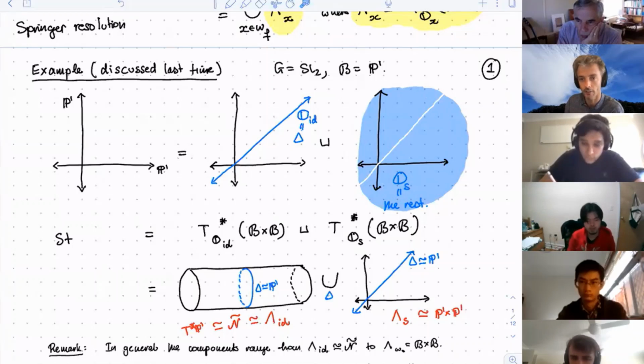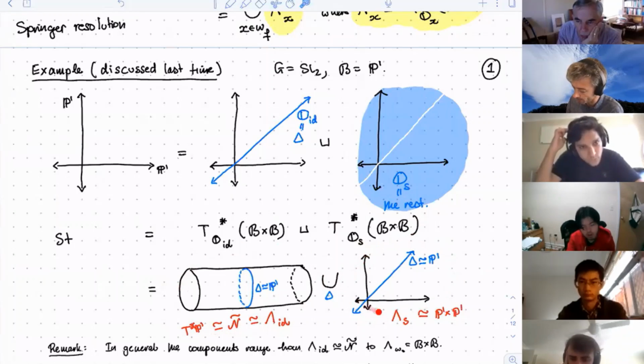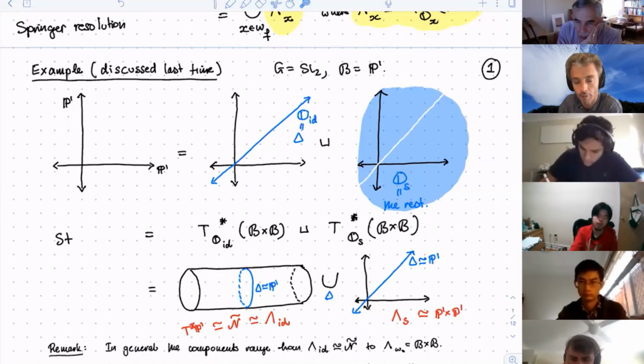And so we just get this co-normal is just the stratum itself. And when we close them up, we get the cotangent space to P1 union the P1 times P1, flag variety times flag variety. And these meet along a subvariety of codimension 1 in both, which is P1, the diagonal.